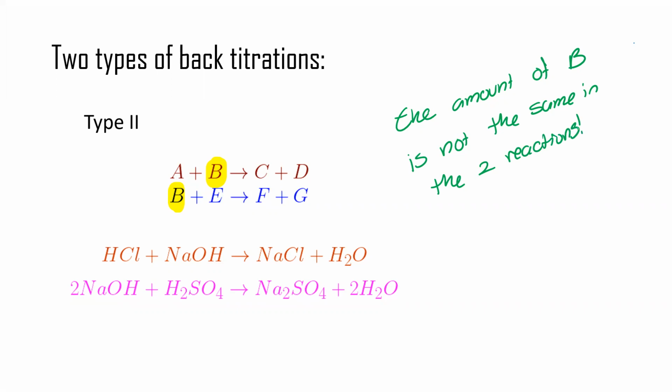And that is something that is very important to note. So in one, you are reacting what you're producing, and therefore they must be the same. In the second one, it is completely different. They are unrelated.